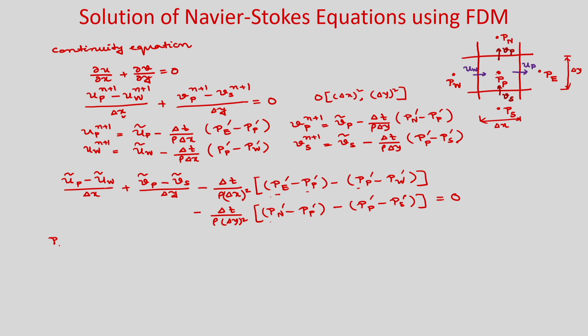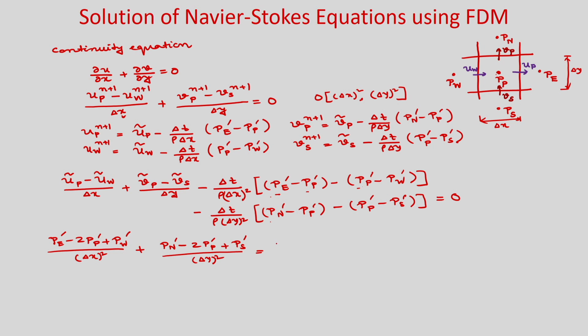So it will be (p_E prime minus twice p_P prime plus p_W prime) divided by delta x square, plus from here you will get (p_N prime minus twice p_P prime plus p_S prime) divided by delta y square, and other terms you take on the right hand side.